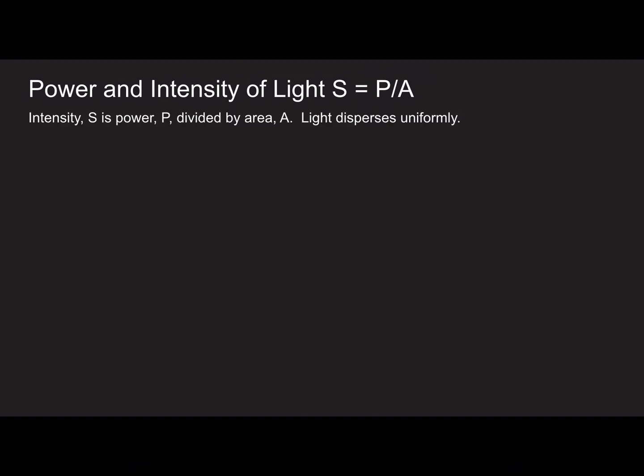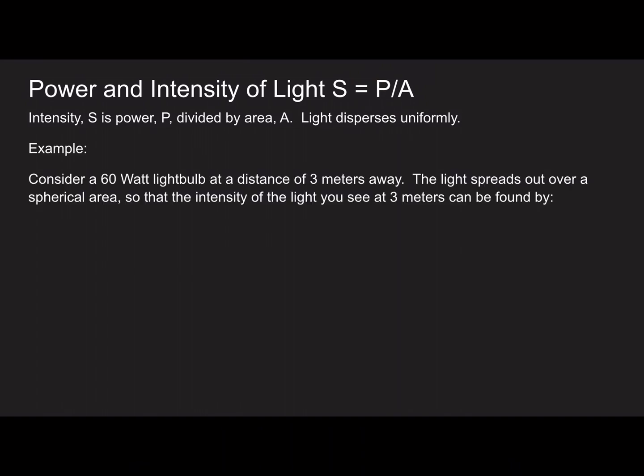So light disperses uniformly in the same sort of way that the electric field might, when we were discussing electric field and Coulomb's law and how things were related to the inverse square of the distance. And so if you take as an example, say a 60-watt light bulb, and you're placing it 3 meters away, then the light is going to spread out over a spherical area with a radius of 3 meters.